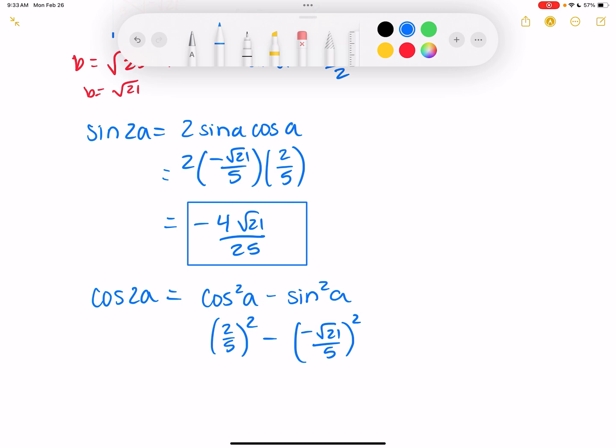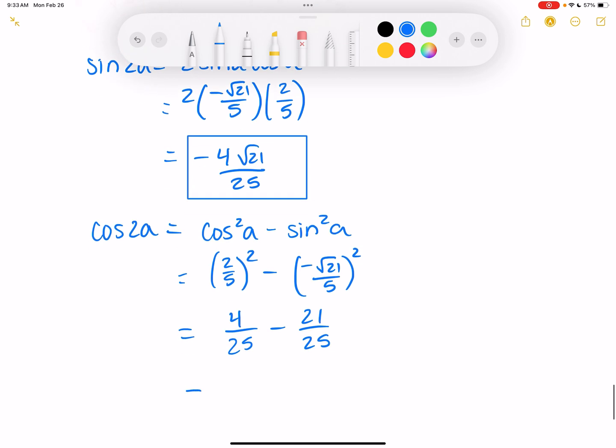So that's going to be 4 over 25 minus, the negative goes away because it's squared, square root of 21 squared would be 21 over 25. So that is going to be negative 17 over 25.